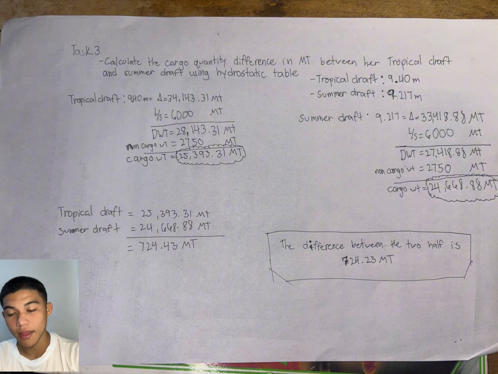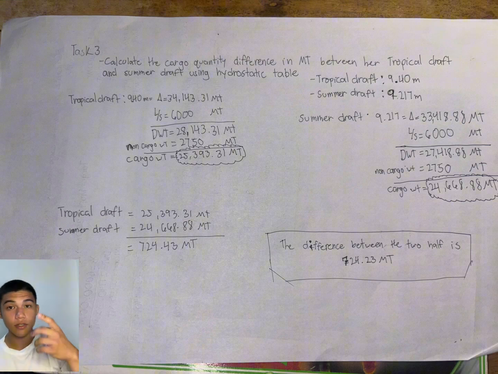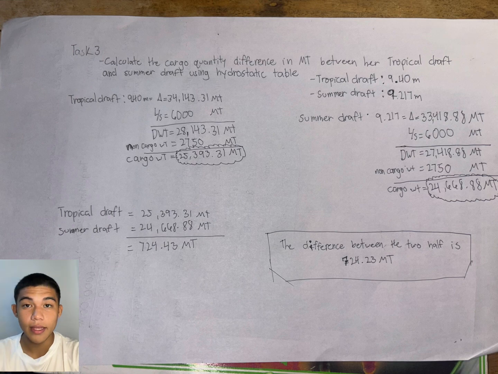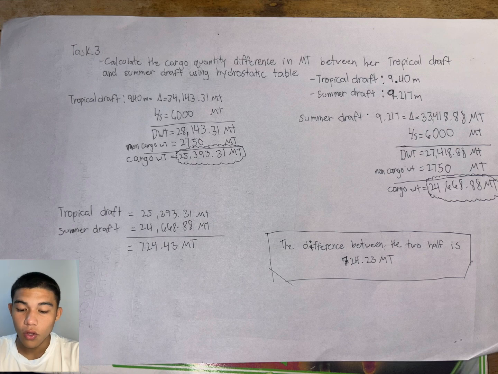And we subtract the displacement and the light ship, the result will be the deadweight. And the deadweight is 28,143.31 metric tons. And the non-cargo weight is, again, what we solved earlier, 2,750 metric tons. We subtract the two, and the result will be the cargo weight.